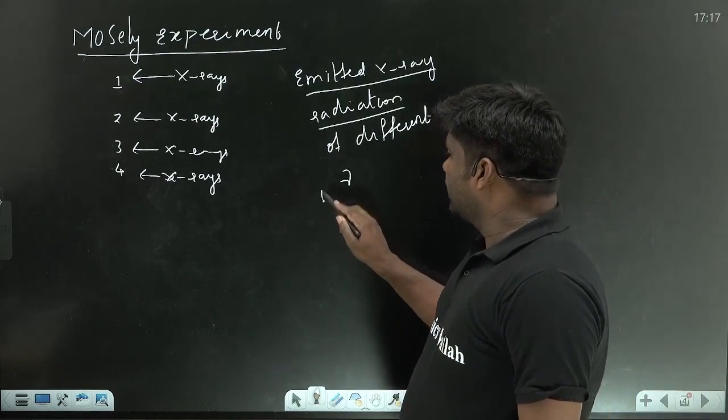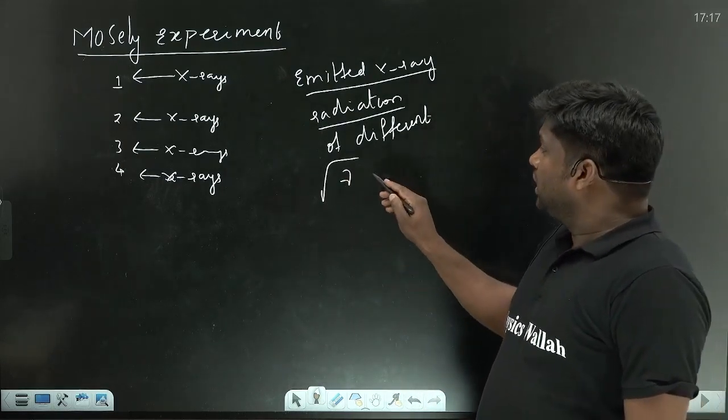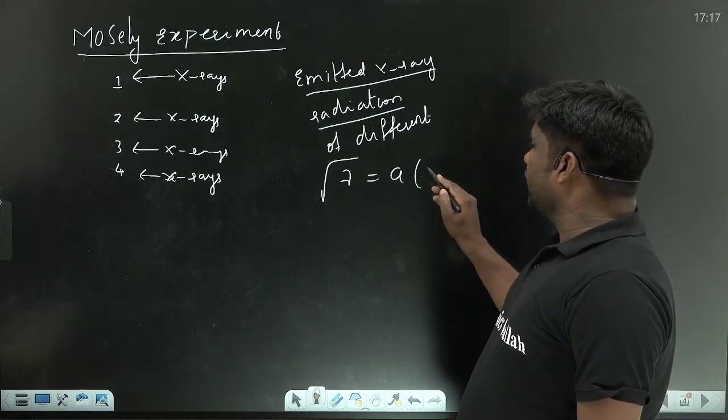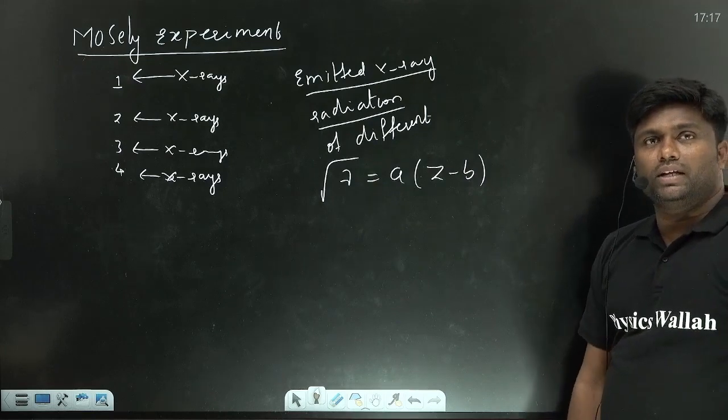The relation is: the frequency of emitted X-ray radiation is equal to a into Z minus b. A into Z minus b.